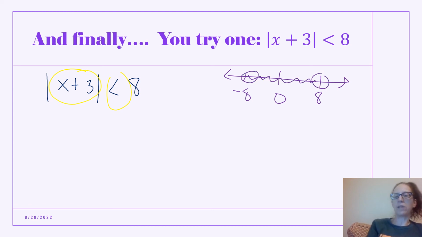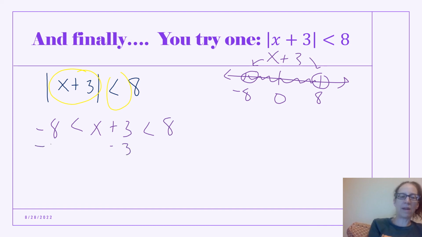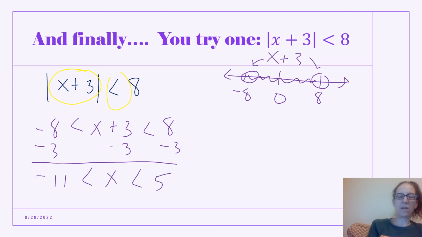So we want to make sure we keep that open. So that means that x plus 3 has to be wedged in between -8 and 8. And then I'll subtract 3. I got to make sure I subtract 3 from both sides. And I get -11 is less than x is less than 5.